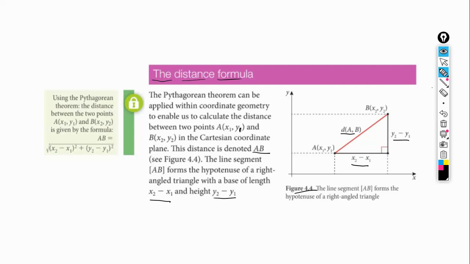And that is why we can use the Pythagorean theorem for the distance formula, as you can see here, where AB is equal to the square root of (x2 minus x1) squared plus (y2 minus y1) squared.